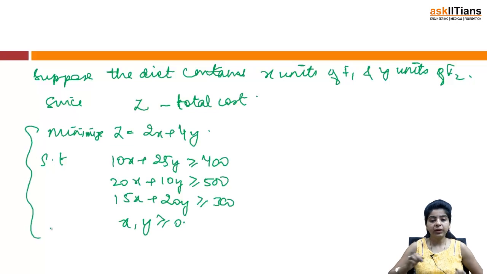So this is the mathematical formulation: minimize Z equal to 2x plus 4y subject to 10x plus 25y greater than equal to 400, 20x plus 10y greater than equal to 500, and 15x plus 20y greater than equal to 300.